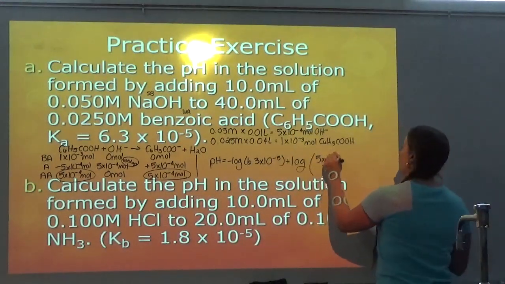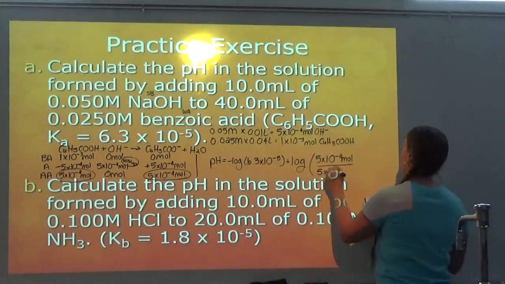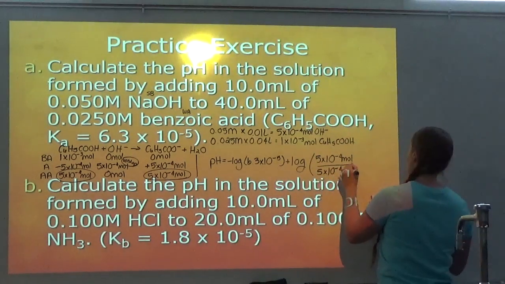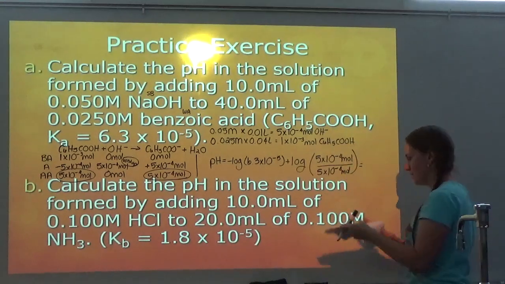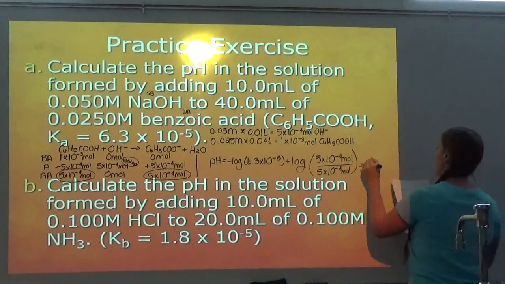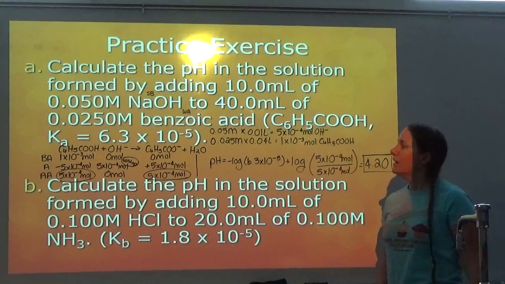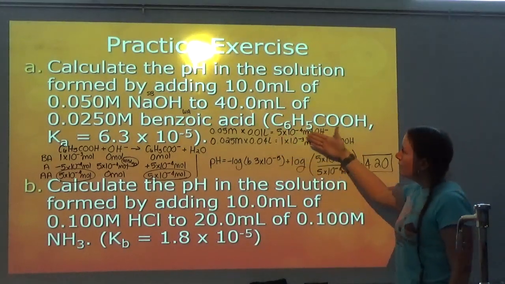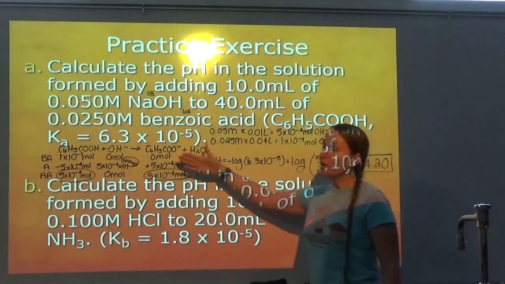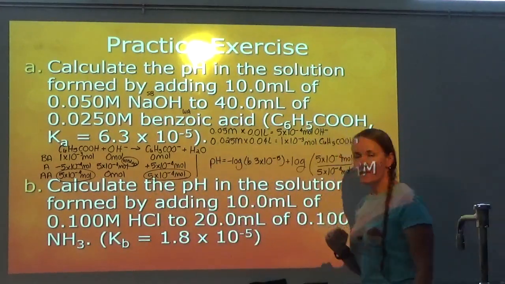So I do my 5 times 10 to the negative 4 moles over how much acid, which is also 5 times 10 to the negative 4 moles. And so once I solve that, I end up getting 4.20, just like that. Alright, so all you do is figure out moles first, set up your bar chart to figure out what you have left over, and then you can plug in the Henderson-Hasselbalch.